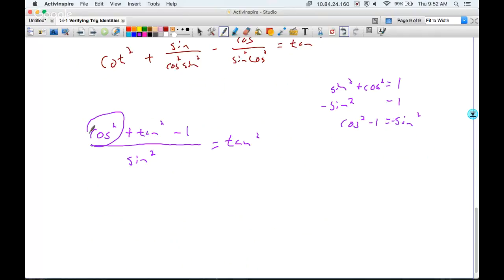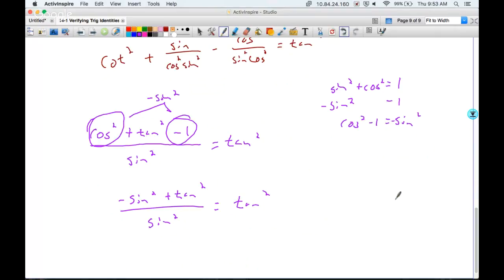So this plus this can become a negative sine squared. All right, so now I've got a negative sine squared plus tangent squared all over sine squared equals tangent squared.